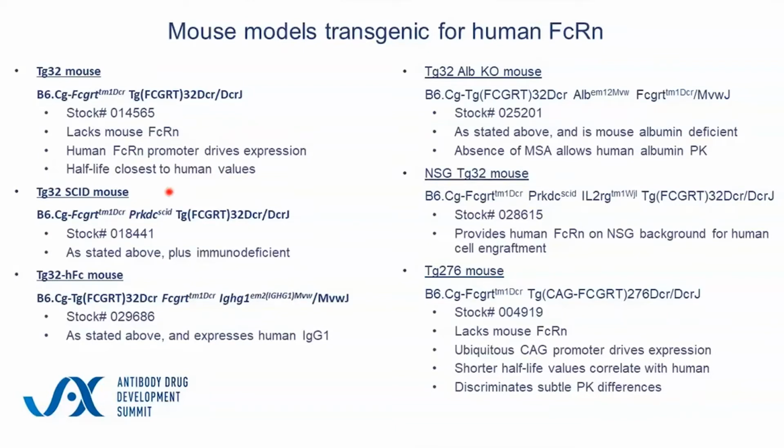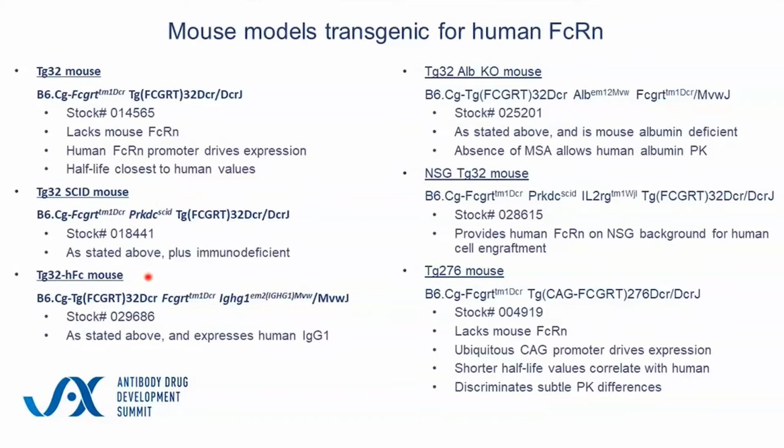Another version of this mouse, the TG32 SCID mouse, has the SCID mutation in the PRKDC gene so that it's immunocompromised. And this model is utilized if you want to avoid anti-drug antibodies.